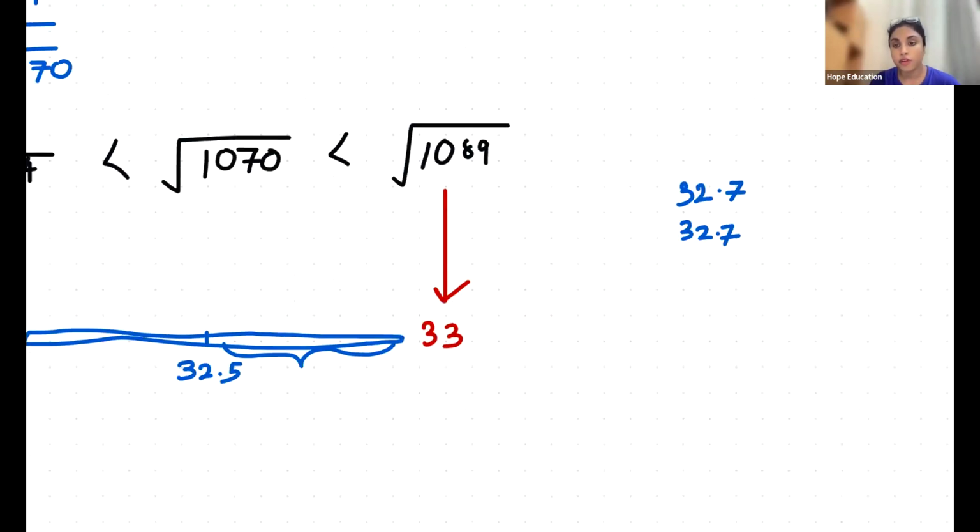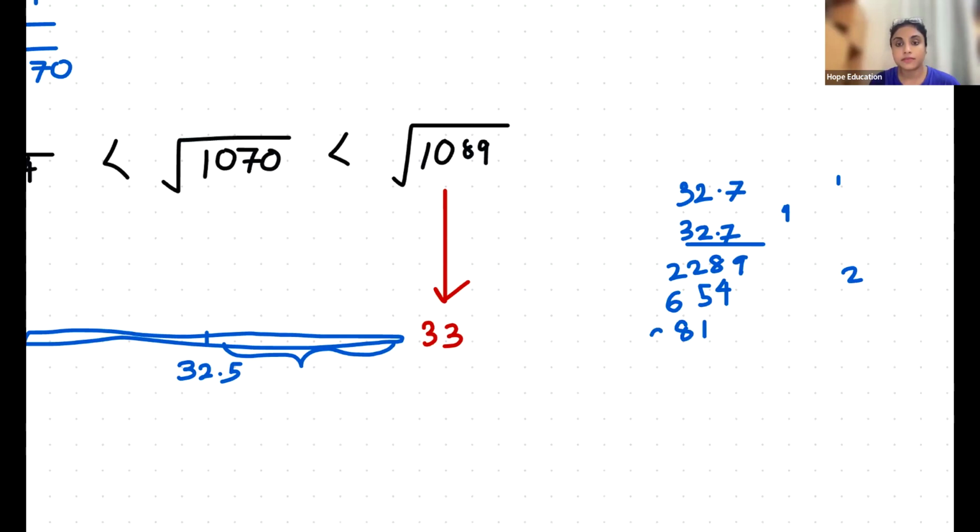7 times 7, 49, 4 remaining. 7 times 2 is 14, 15, 16, 17, 18, 1 remaining. 7 times 3 is 21, plus 1 is 22. 2 times 7 is 14, 1 remaining. 2 times 2 is 4, plus 1, 5. 2 times 3 is 6. 3 times 7 is 21, 2 remaining. 3 times 2 is 6, 7, 8. 3 times 3 is 9.